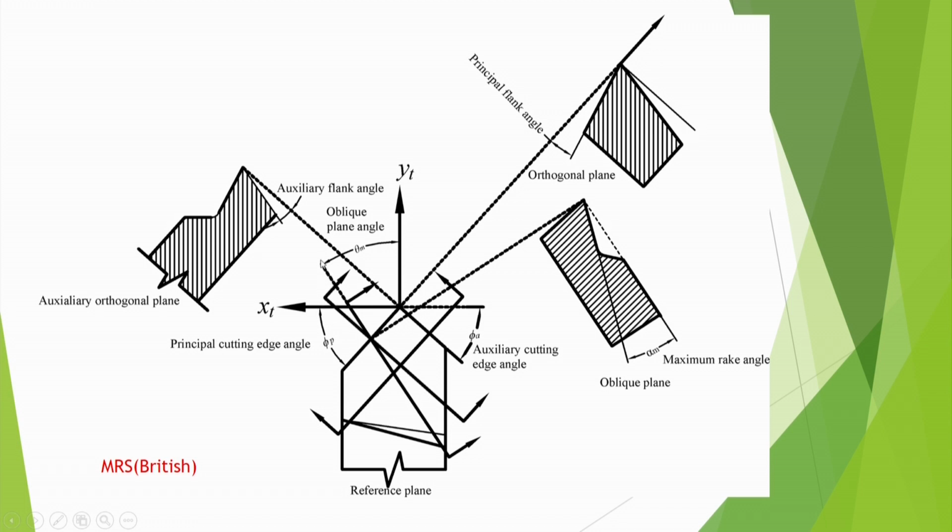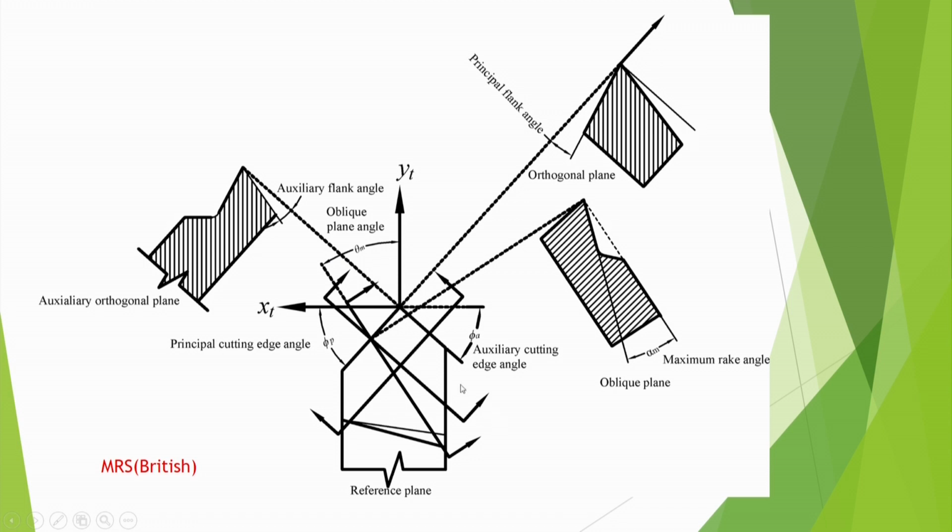Here in the top view we designate one plane, meaning if we cut a section here, in that plane the slope of that rake surface will be maximum. So it will be called the plane of maximum rake angle, and this is inclined with this radial direction. This inclination angle is called theta m or oblique plane angle.